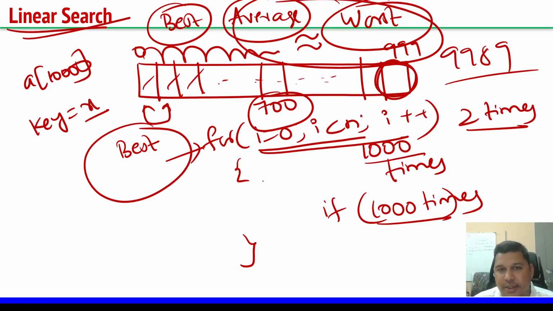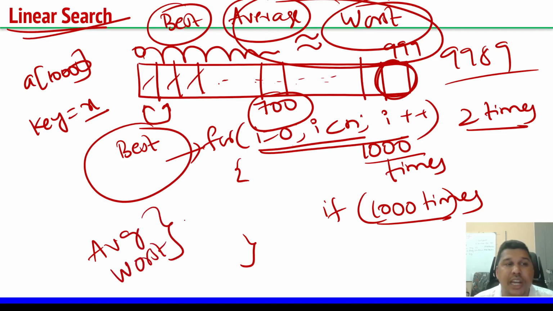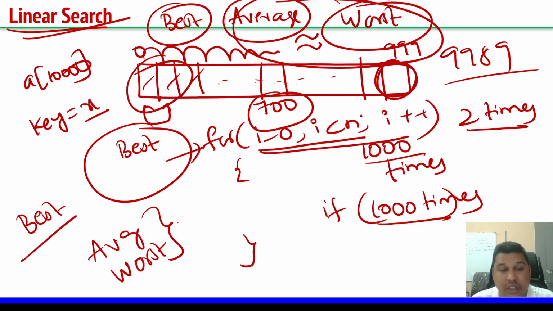The average case and the worst case are almost the same for linear search. Only the best case is different, that is, if the element is at the beginning of the array. Now this is the process happening in the linear search algorithm.